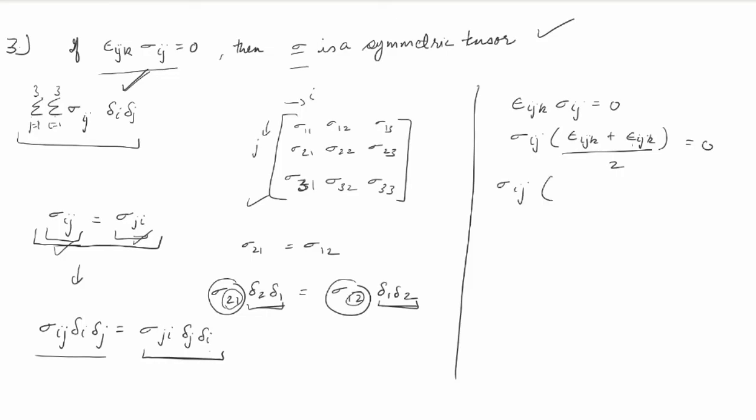If we change the cyclic order of this, then we need to write a negative sign. So this becomes Eijk minus Ejik. So now the order is reversed. This divided by 2 is equal to 0.